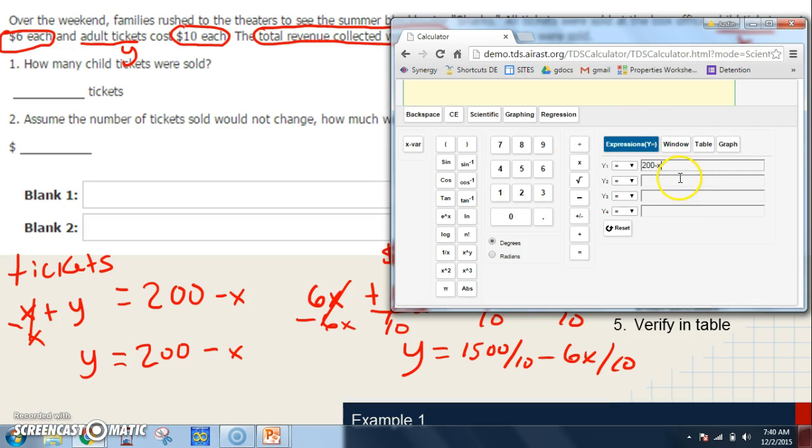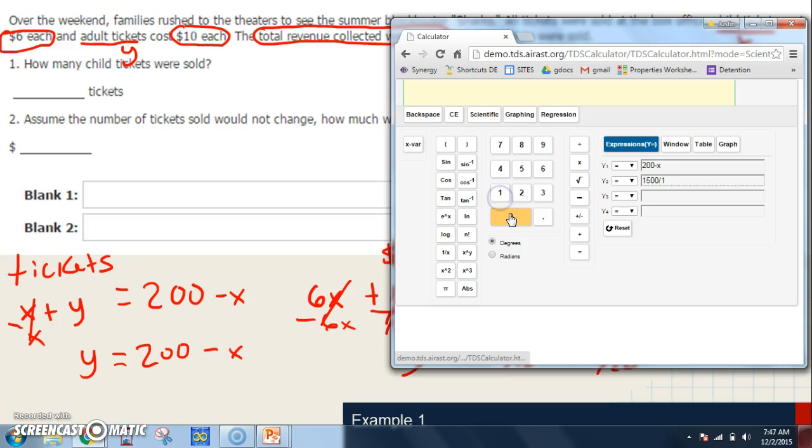For the other equation, I can go ahead and type in 1,500 divided by 10 minus 6x divided by 10. I'll just double check everything's right. 200 minus x, 1,500 divided by 10 minus 6x divided by 10. And I am at a point where I can go ahead and graph this.